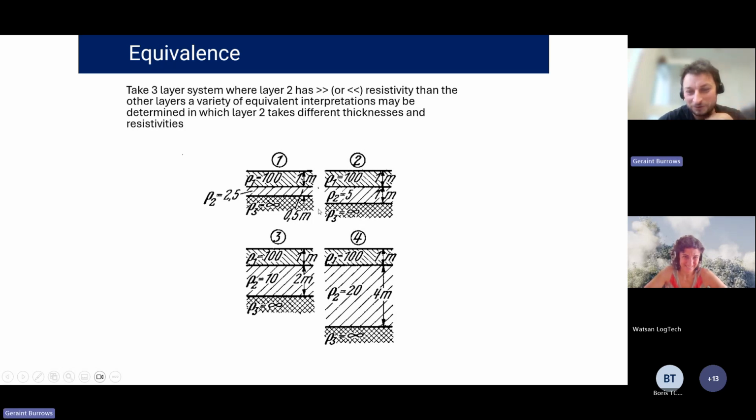I'm getting myself a bit muddled up here, sorry. Basically, what this is saying is that if this is double the resistance, then the layer could be half the thickness and still have the same kind of signal in terms of resistivity as if the layer was double the thickness and half the resistance.